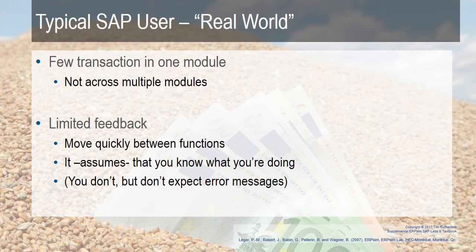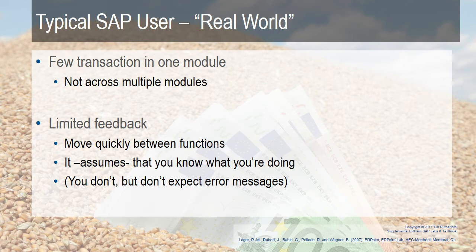So again, thinking through the typical SAP user in the real world, they have a few transactions they're using, probably within one module. They're not working across multiple modules. And if you think about it, if one person is spending their entire day working in a handful of transactions, SAP is really not set up to give them confirmations.